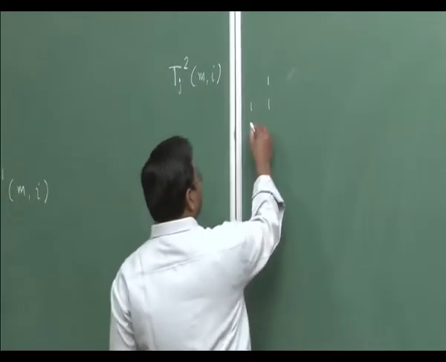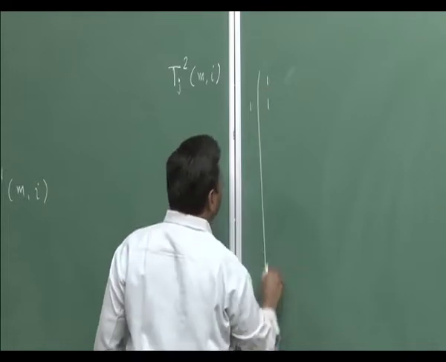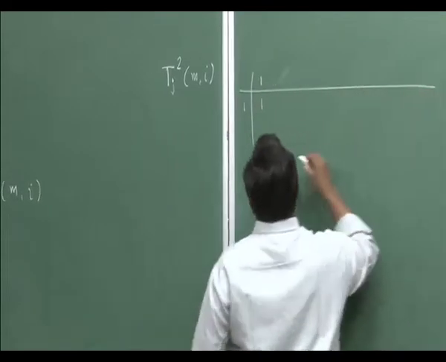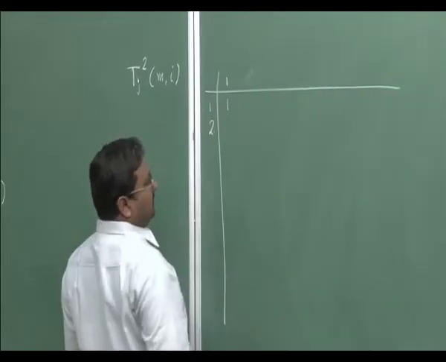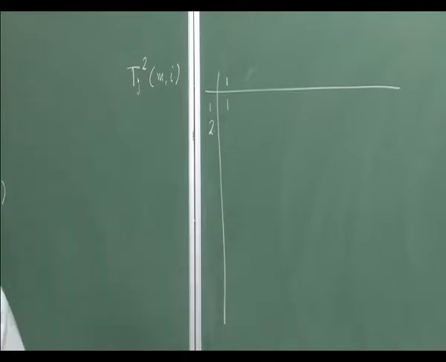Now look at state 2. In state 2 there is no packet which can go from input to output. So just after step 1, if you are in state 2, step 2 will not make any difference, you will remain in only 2.